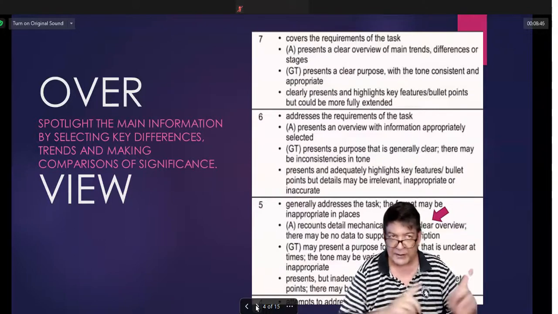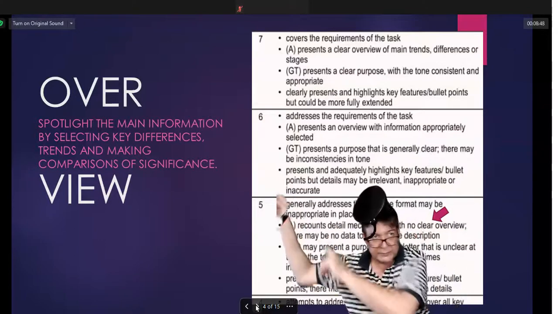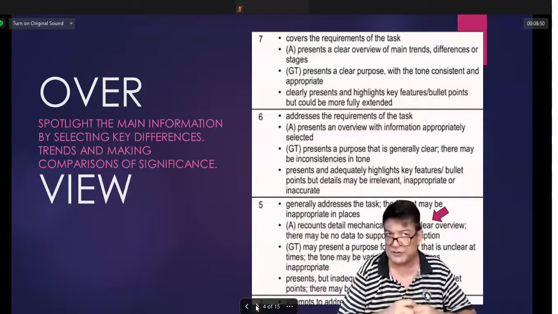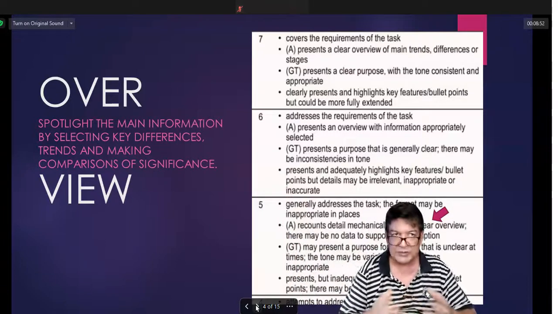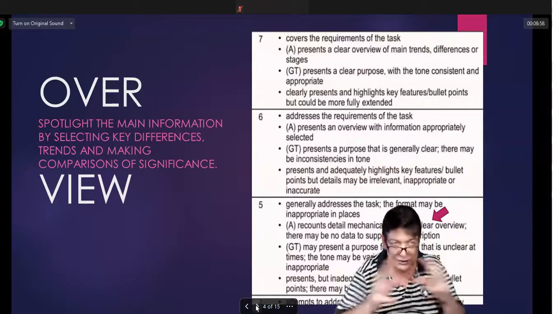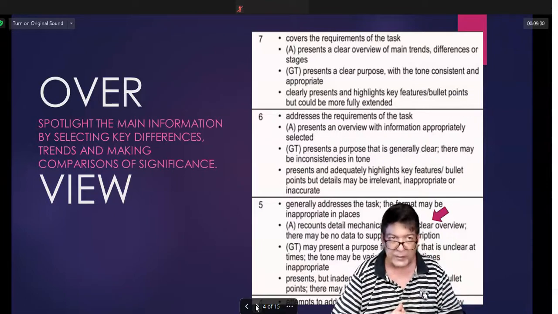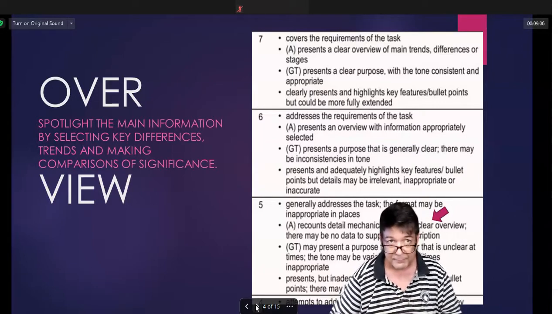So you might recognize these words over here. They're similar to what's in the instructions. What's the difference between the goals of the overview and the goals of the task as a whole? Okay? Well, we can talk about that by looking at what goes in an overview and what gets left out.